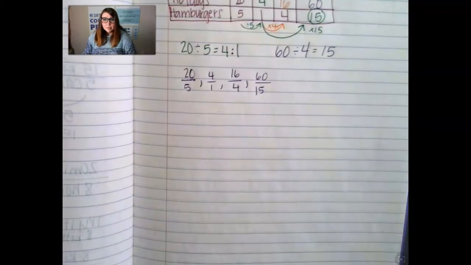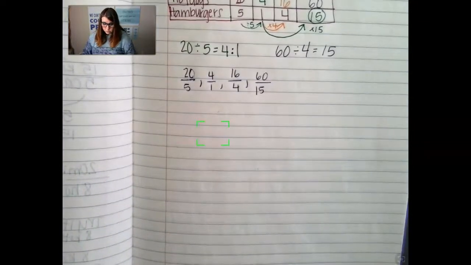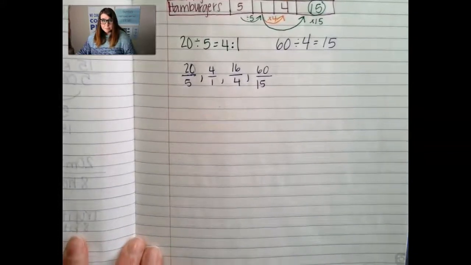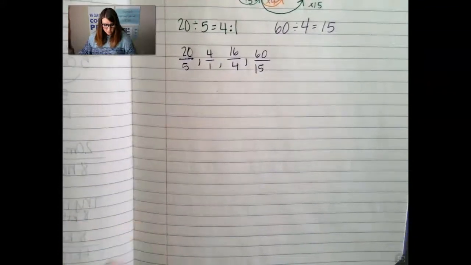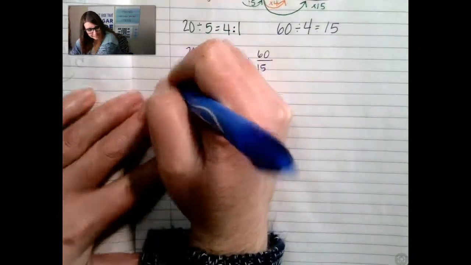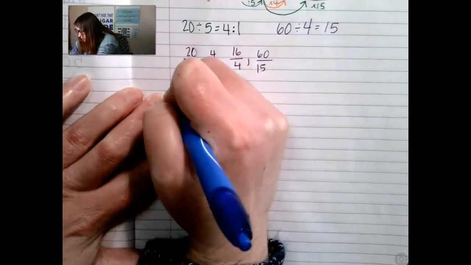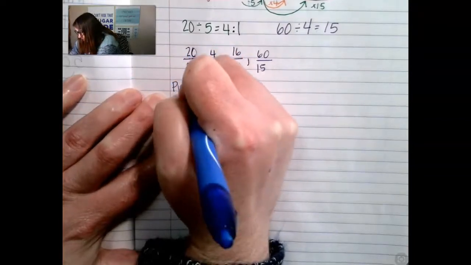Okay, let's try another one and see how this works. Sorry, I had to make that not so blurry. Let's say that now I own a bakery, and in my bakery I sell pies to cakes.